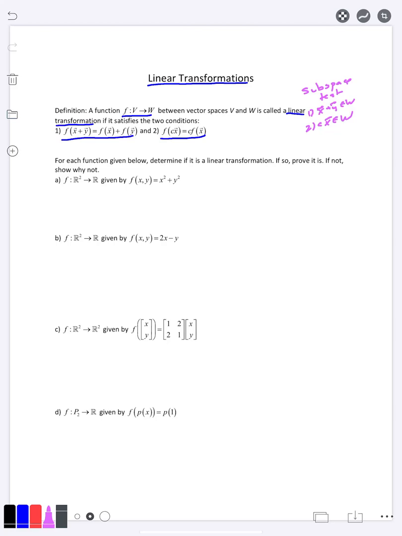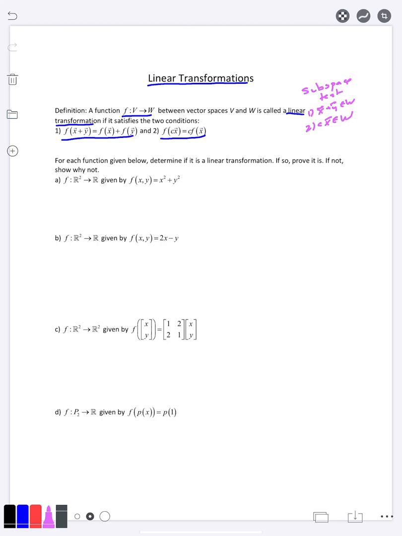Whether it's a linear subspace or a linear function or whatever, this is linear. And so whenever we're talking about linear, these are the two things we want to satisfy. Now again, they vary slightly depending on the context, but here we're talking about linear functions or linear transformations.